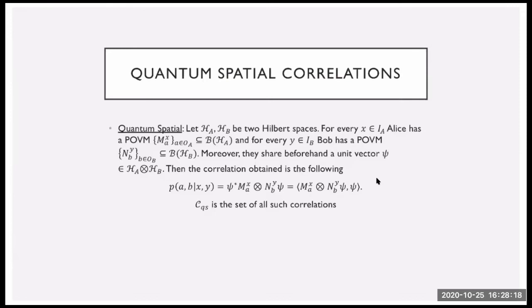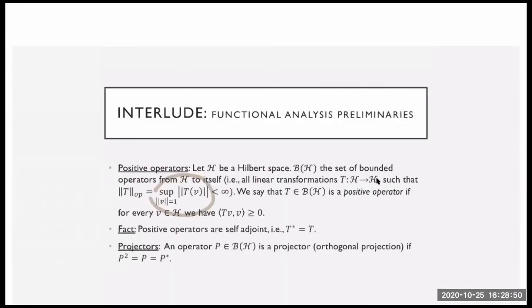And the correlation that is obtained is the following. Like what I wrote last time, you can think of it as the conjugate of psi, the functional, applied on the image of psi under the operator M_a^x tensor N_b^y. But maybe an easier way to see it is to take the inner product of the image of M_a^x tensor N_b^y with psi, comma psi. So this is this number, and since we had the definition of a positive operator, you see that <Tv, v> is greater than or equal to 0.